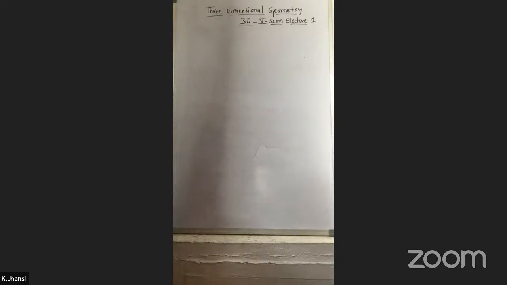So if you already know the topics about what is a line, what is a plane, and also the equation of line, equation of the plane, almost in lower classes the introduction is given. So now we are dealing with three-dimensional geometry. It is elective A of fifth semester.